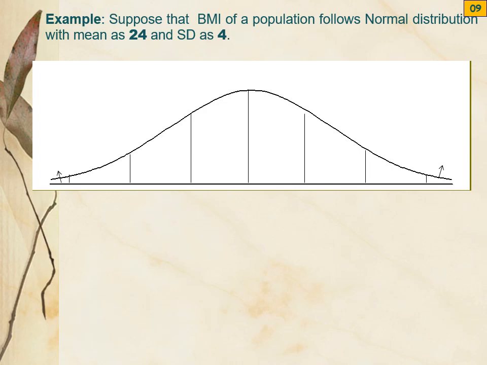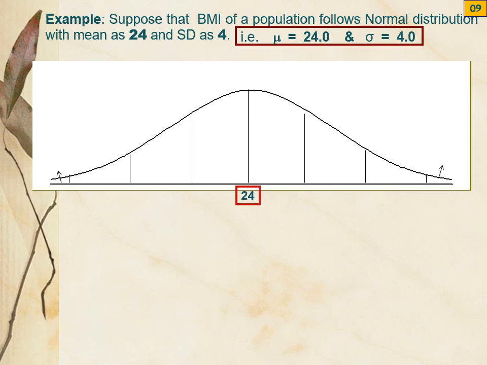See this example. You are given that BMI follows a normal distribution with mean 24 and SD 4. That is, mu equal to 24 and sigma equal to 4. If you plot these on the normal curve and also plot 1 sigma, 2 sigma, 3 sigma distances, then you know that 24 is the mean, it will be in the center, plus 1 sigma, plus 2 sigma, plus 3 sigma.